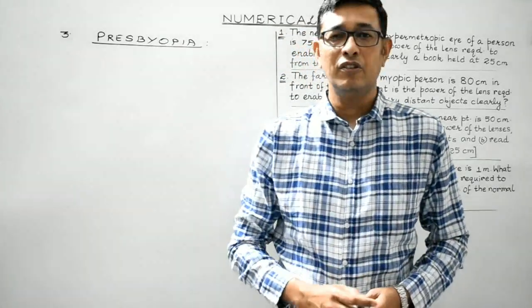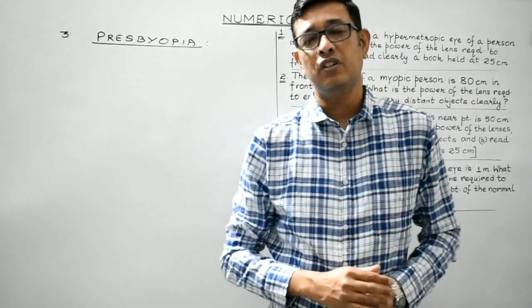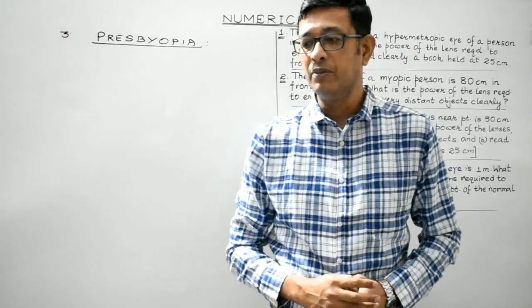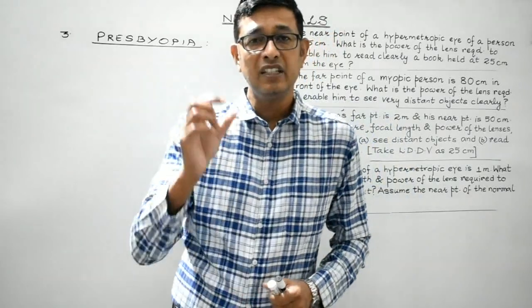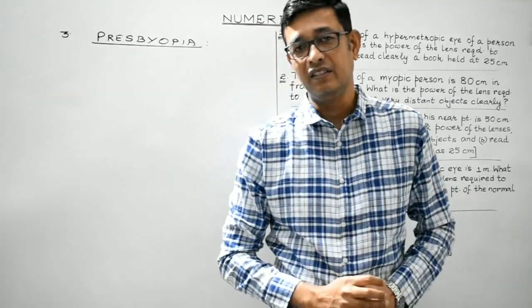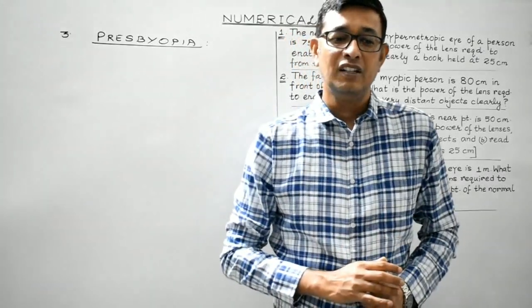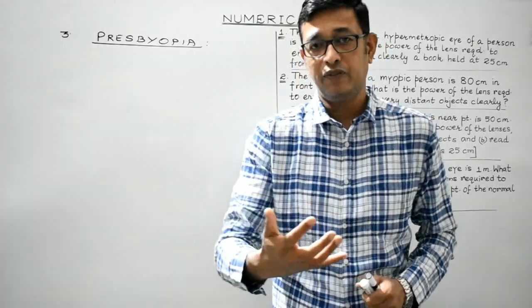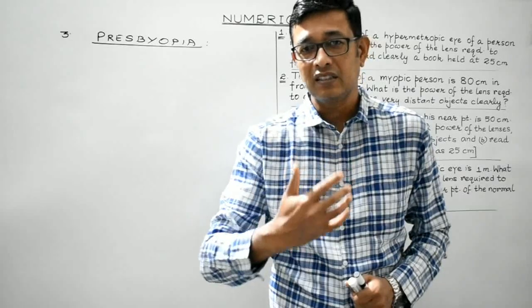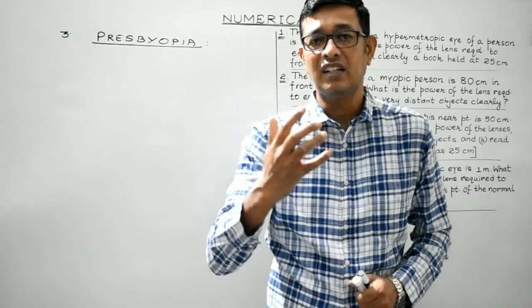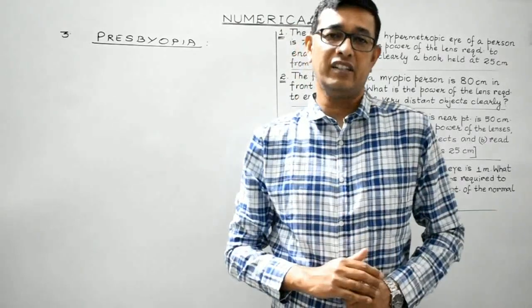But students, with the growing age, with the passage of time, the ciliary muscles get weakened, and due to this weakening of the ciliary muscles, the near point of the human eye starts deteriorating.